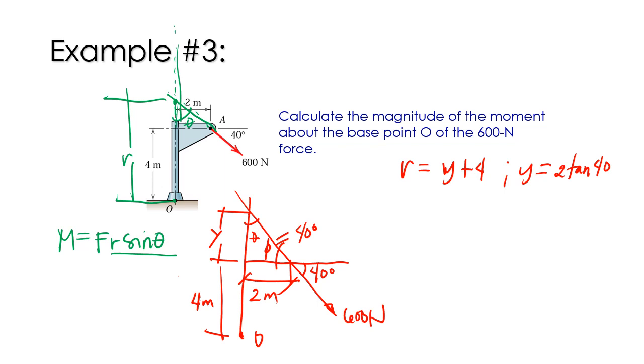So substituting the value of y into this equation, we get r is equal to 2 tan of 40 plus 4, which is equal to 5.68 meters.